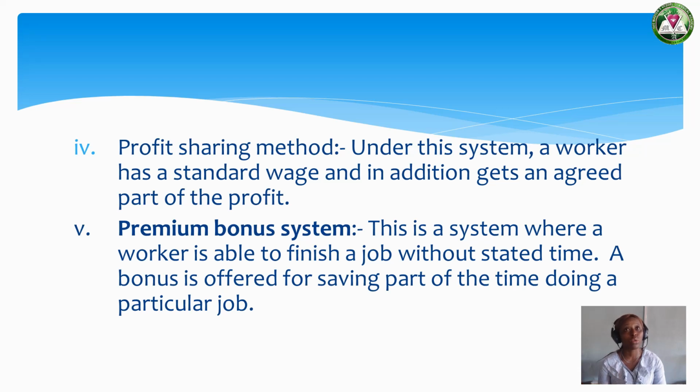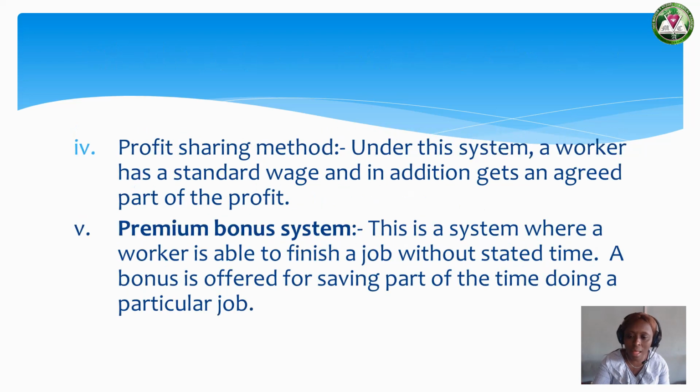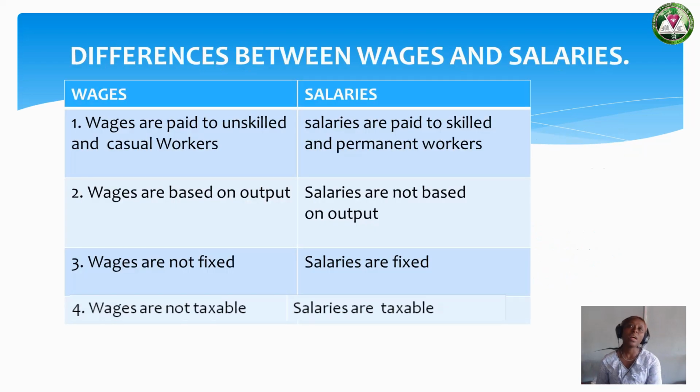Say from 9 o'clock to 11 o'clock, you ought to clear this plot of land. If you are able to finish it without going beyond 11 o'clock, the organization will pay you for conserving extra time.